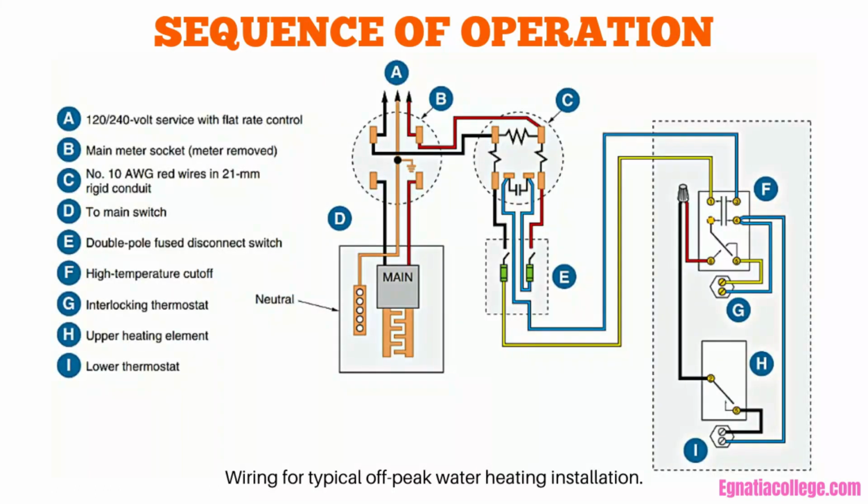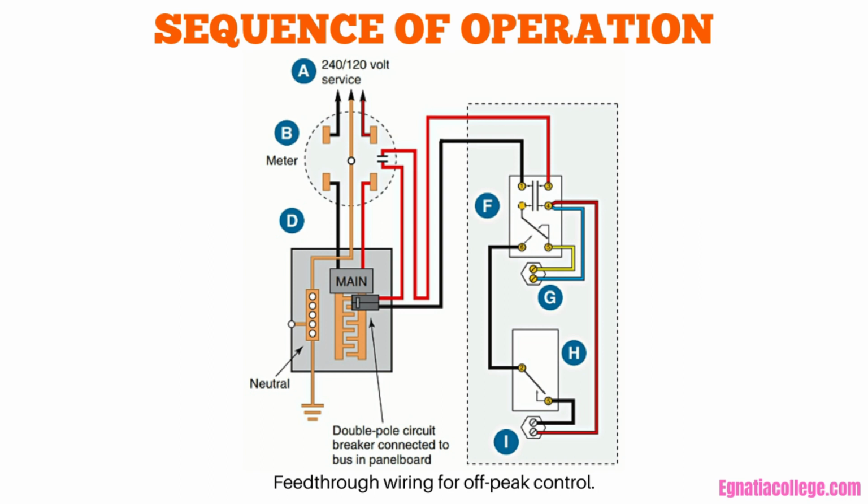This figure shows the wiring for flat-rate connection, where electricity to the water heater is off during peak load periods of the day. This is controlled by the hydro utility. Generally, the flat rate charge depends on the size of the hot water tank in the residence. This figure shows the wiring for connection to the main panel, so that the kilowatt-hour power consumption of the water heater is metered, but has the advantage of having 24-hour operation.